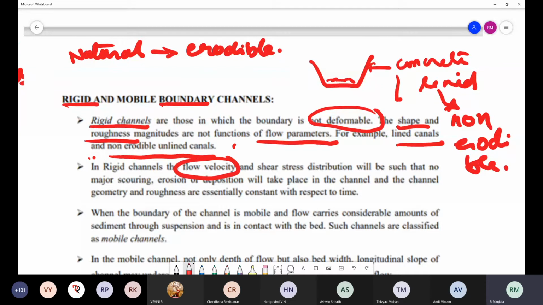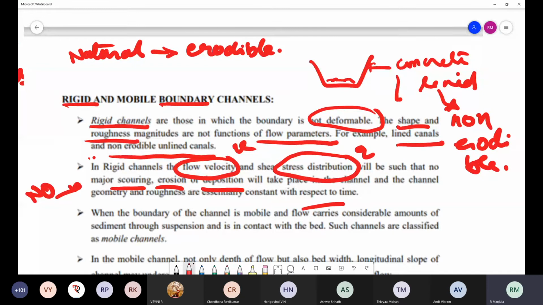If you are considering the flow velocity and the shear stress distribution, they will be in such a way that there will not be any major scouring, erosion or deposition taking place in the channel, which means that no such activities will take place in rigid channels. This is with respect to time; over a period of time, this will not happen.